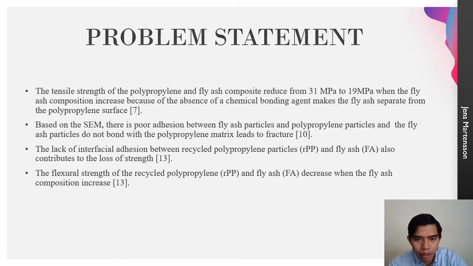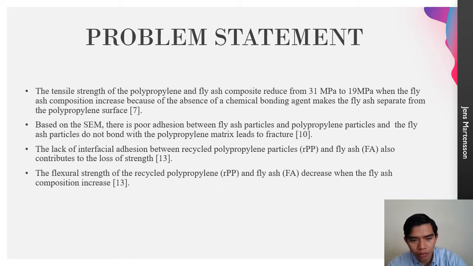The problem statement of this project is the tensile strength of the polypropylene and fly ash composite decreased when the fly ash composition increased because of the absence of chemical bonding. Next, based on the SEM, there is poor adhesion between fly ash particle and polypropylene particle, and the fly ash particle does not bond with the polypropylene matrix, which leads to fracture.